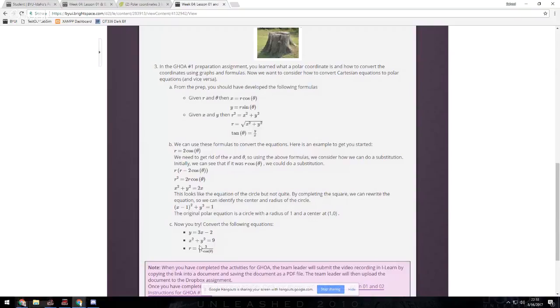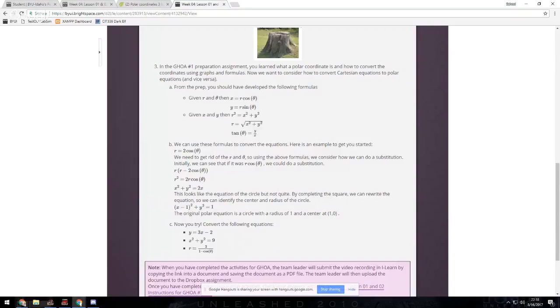So the next one, we take r equals 3 over 1 minus cosine theta, and we're going to go to xy. We're going to go to Cartesian coordinates. We're going to want to find something that gives us a form that will allow us to utilize our toolbox.